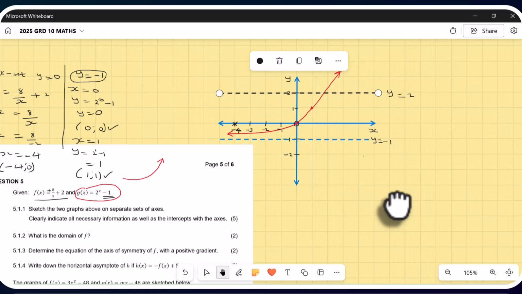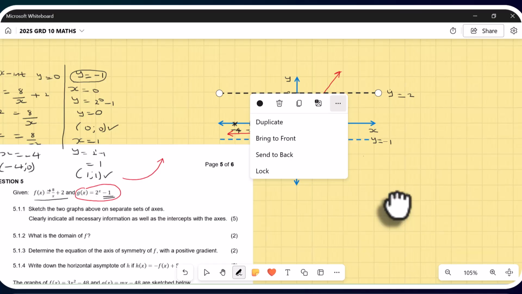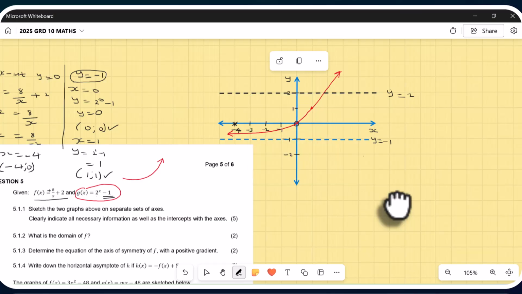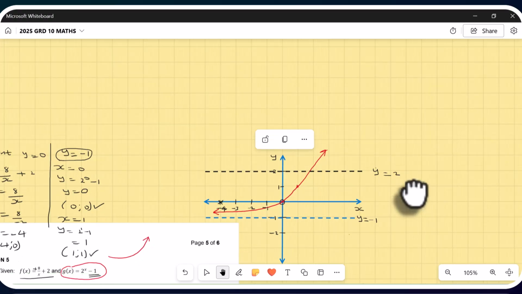However, if they want one with a negative gradient, I will use a different color. Let me make it red. Now you see the negative gradient. If I was very accurate in my drawing, these two curves, the green curve and this one, would be equal.